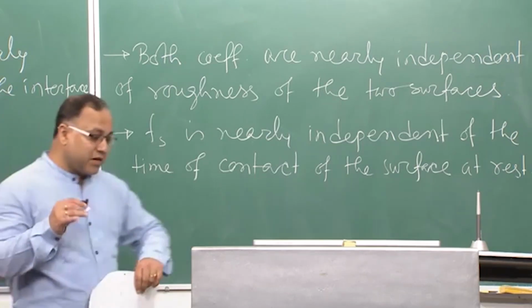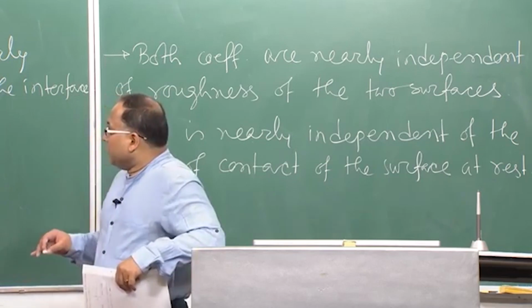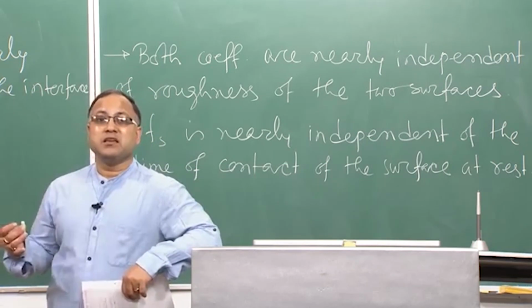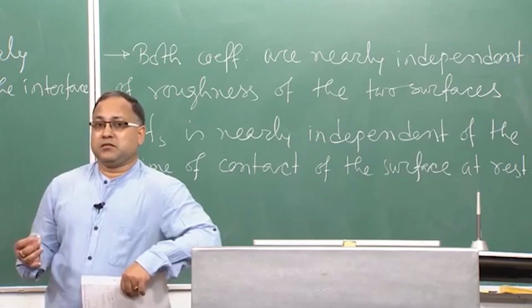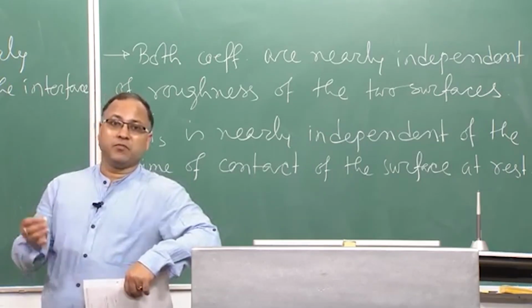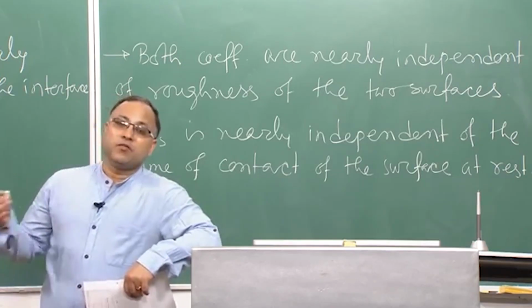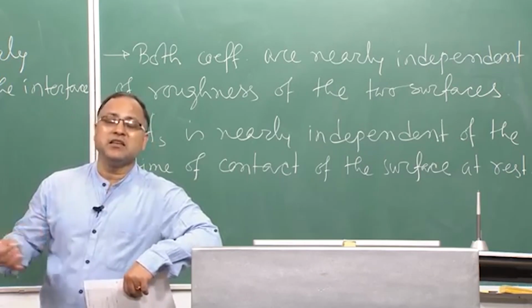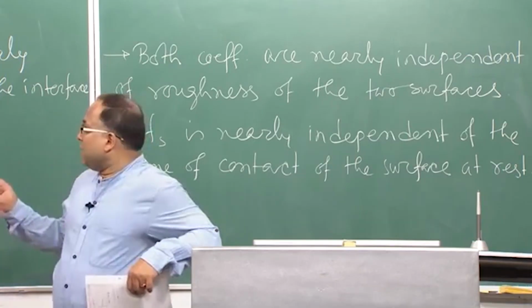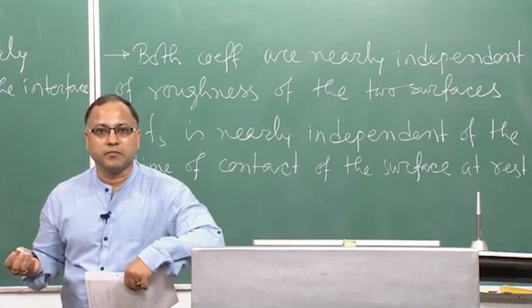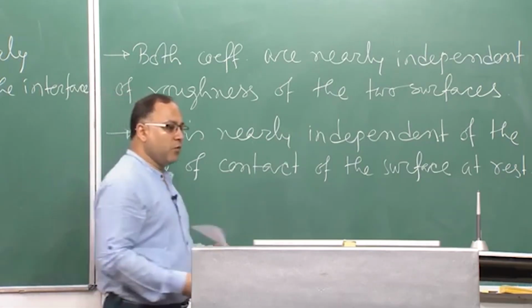So, at rest condition, how much time the block A is resting on the surface B, it is not giving any kind of dependency on friction, or friction is not getting affected by the time of contact between block A and surface B. That you can see from this figure.